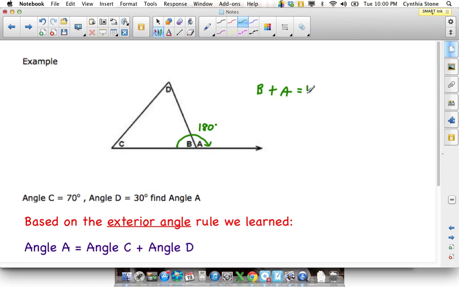So that's just another little rule you can keep in mind when solving systems of triangles or anything else where you have a straight line like this. Anytime you have a straight line broken up into two angles, the two angles will add up to 180 because a straight line represents 180 degrees. Okay?